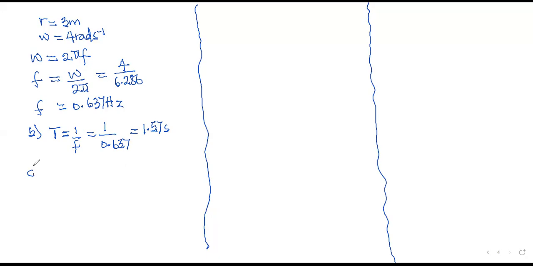Then the last question, the speed. The linear or tangential speed is omega r. Omega is 4. R is 3. Therefore, the speed will be 12 meters per second.